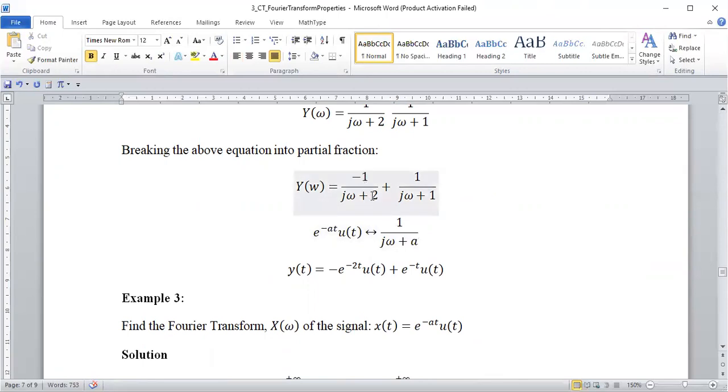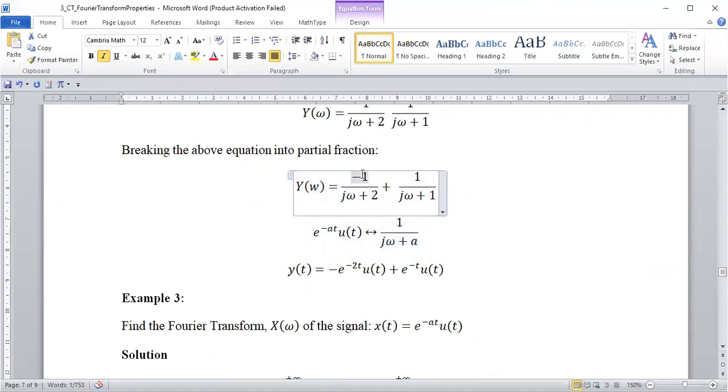So here, this particular signal is kind of equal to this. So here, that means that a is equal to 2. So in place of a, you're going to put 2. Then in this case, a is equal to 1. So in place of a, we'll put 1. So that's just e to the minus a t u of t.